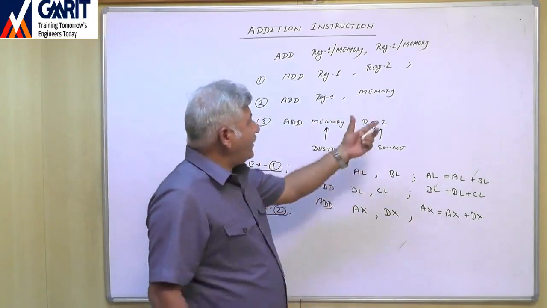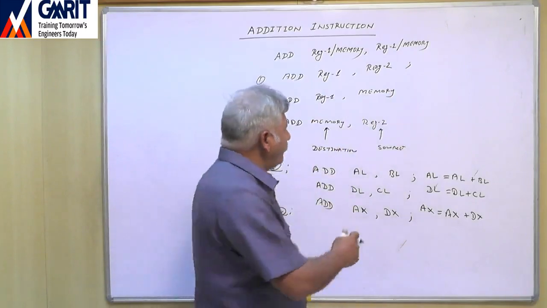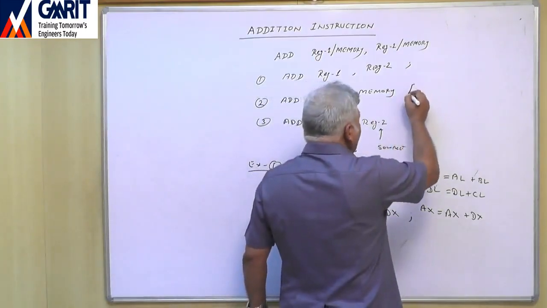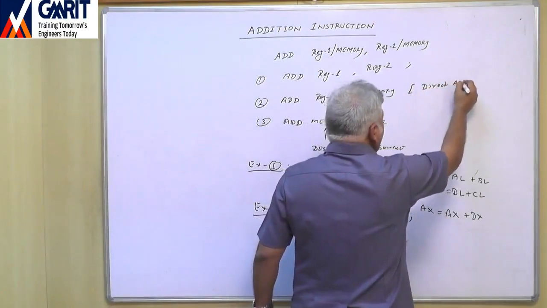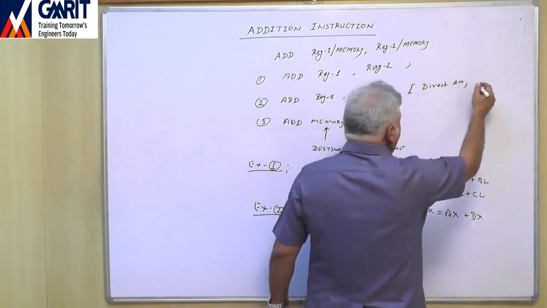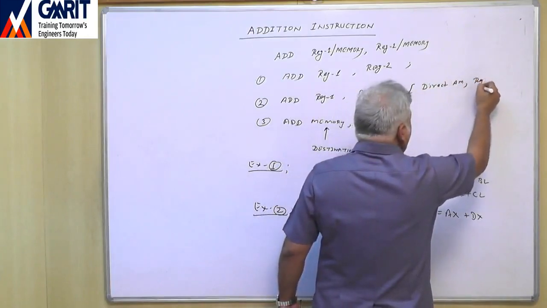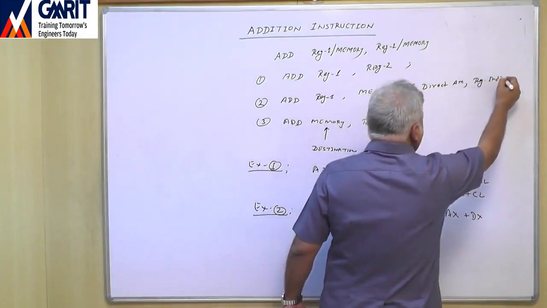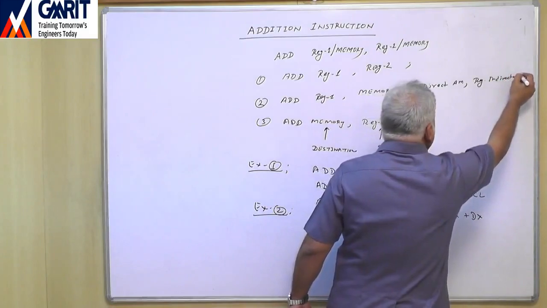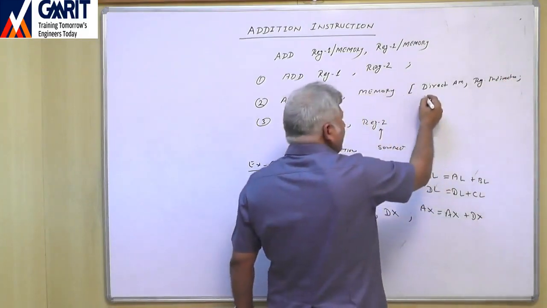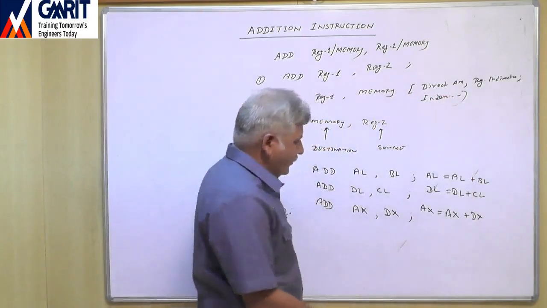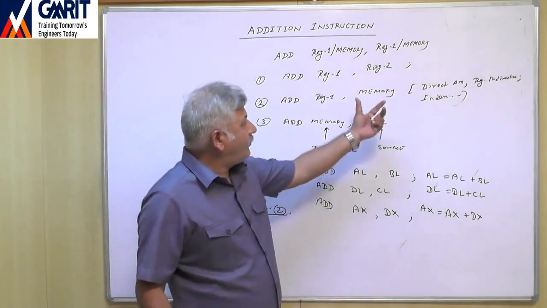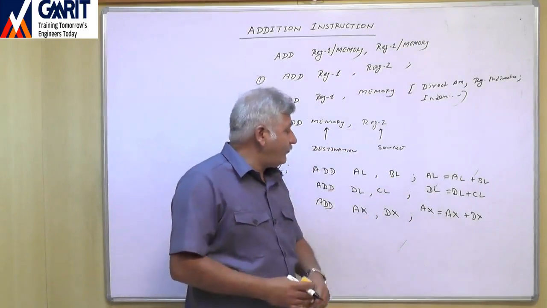To access the data from memory, we can use direct addressing mode, register indirect addressing mode, or index addressing mode. Any mode can be used in which we want to access the content of memory.